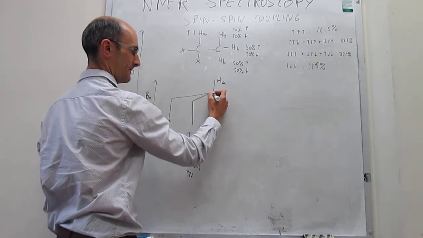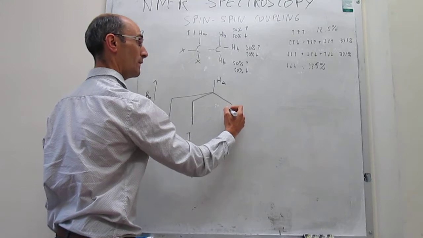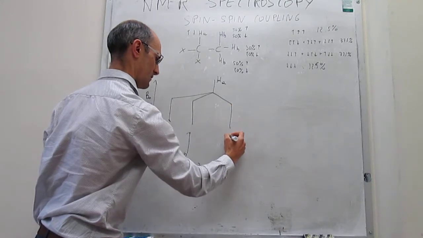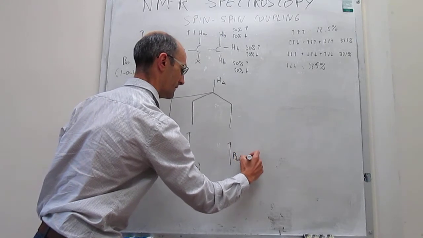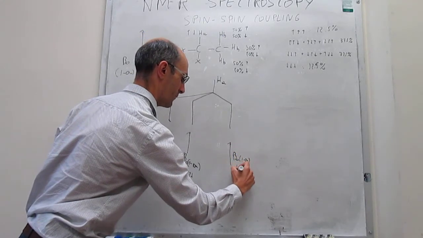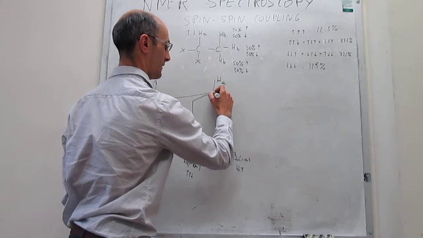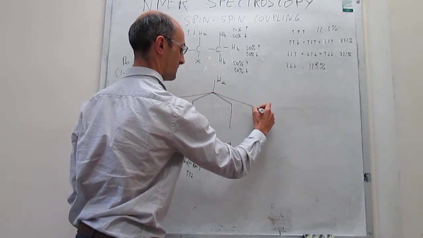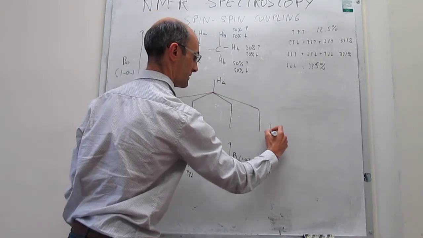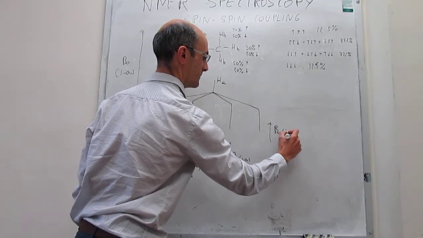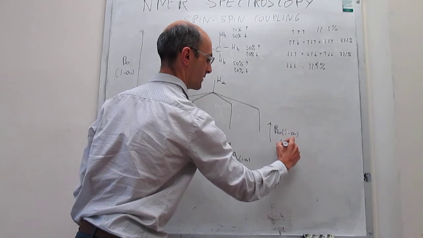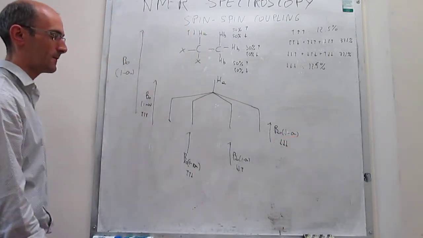Another 37.5% of the time, you're going to get the external magnetic field modulated by the electrons, with 2 down and 1 up. And then 12.5% of the time, you're going to get V naught (1 minus sigma) with the 3 spins pointing down.